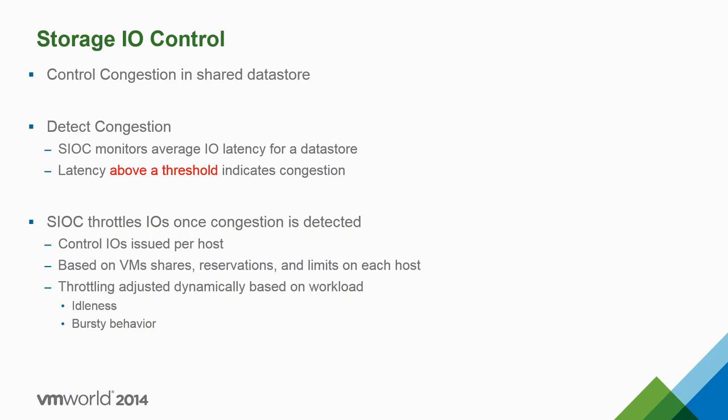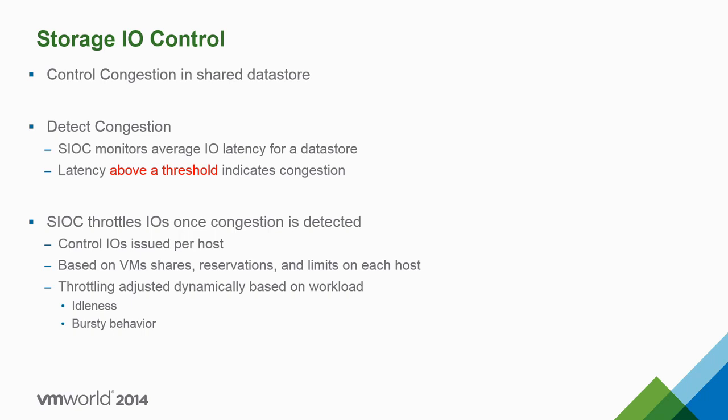So how does it work? Storage I/O Control does 2 things. First, you set a latency threshold on the data store. If the data store performance is such that the latency threshold is never hit, everything is good. Everybody gets whatever they want, everybody's happy. If the latency threshold is ever exceeded, then the first thing Storage I/O Control does is detect this condition across a cluster of hosts in a distributed fashion.